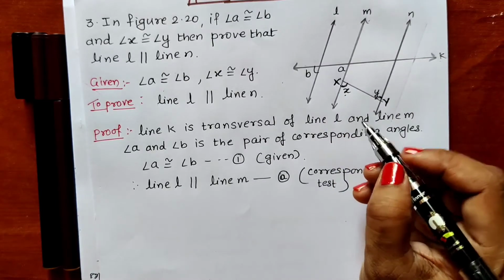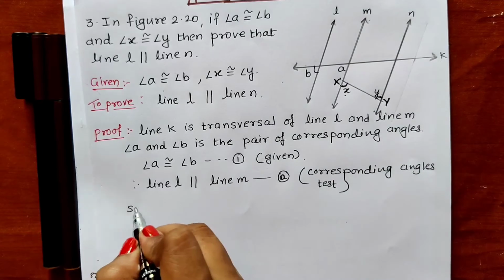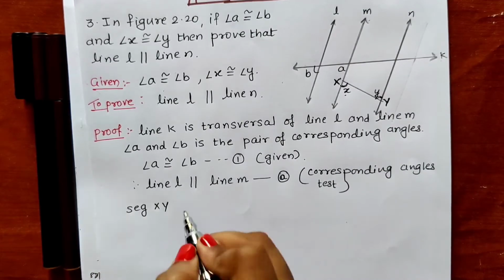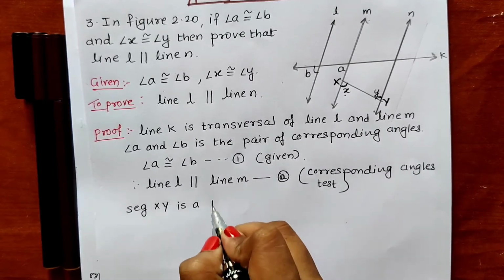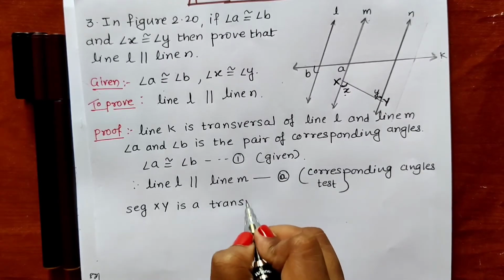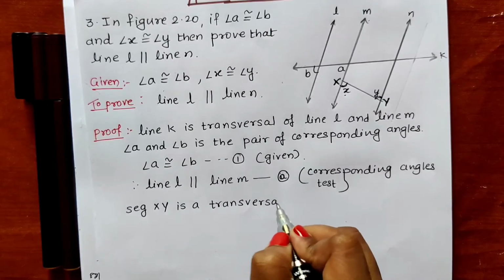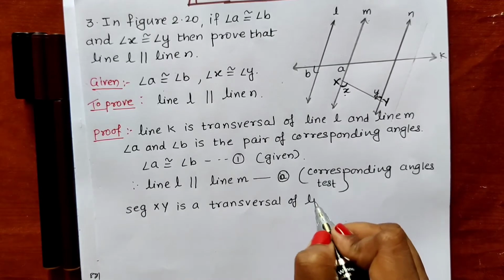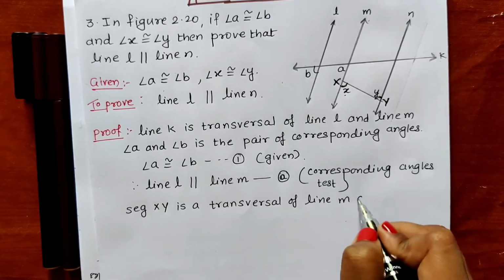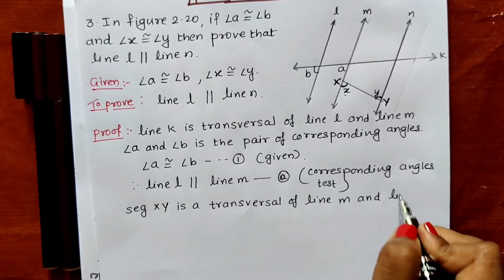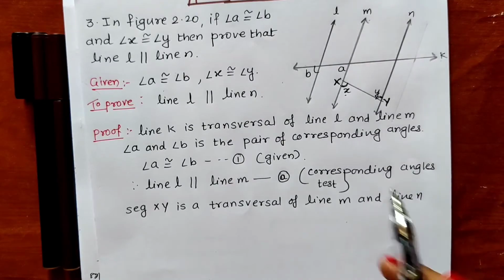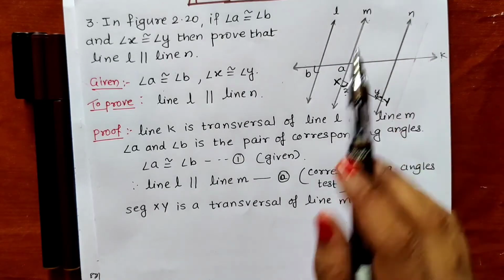So here I will write segment XY is a transversal of line M and line N. This XY is the transversal of line M and N.